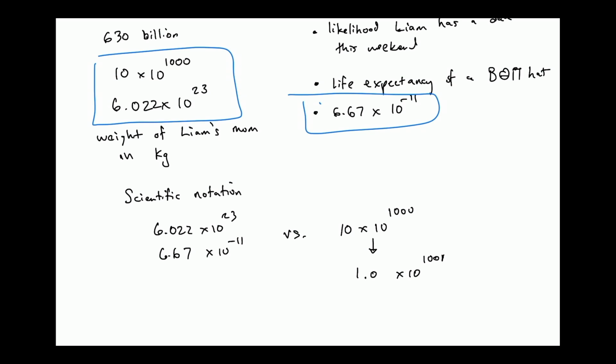So the convention with scientific notation is how many digits go before the decimal point? Precisely one. No more, no fewer. Would I ever write 60.22 times 10 to the 22nd? No. There's only one circumstance I would, which we'll deal with on Monday, which is when you do arithmetic with these things. Otherwise, our convention is that we write precisely one digit before the decimal point.